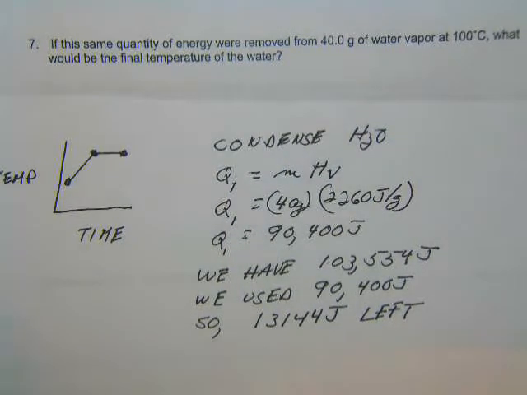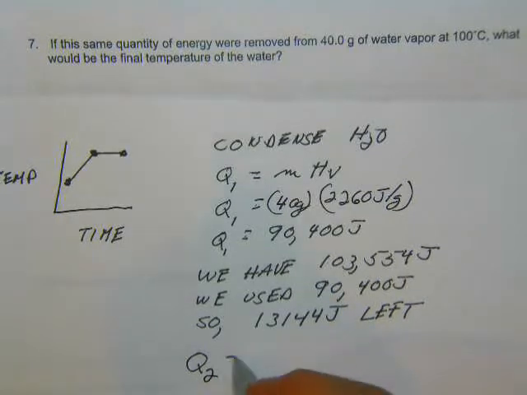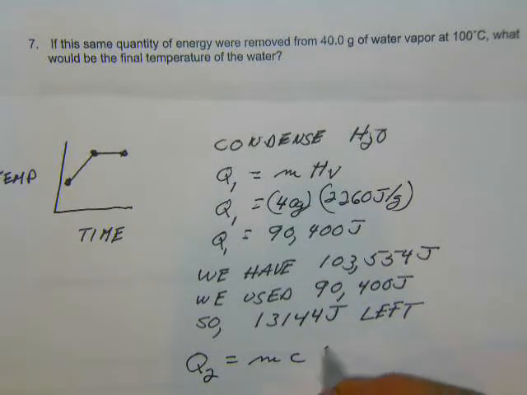So we want to see what's going to be the final temperature with that much energy. So Q2 equals MC delta T. So Q2, we've got that much left, 13,144 joules. The mass isn't going to change. We got 40 grams.